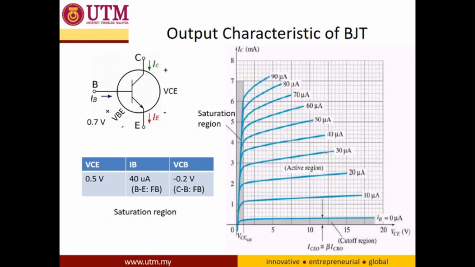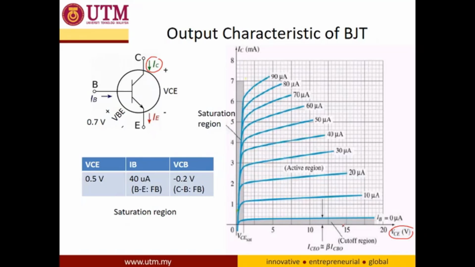Okay, the left graph is collector current versus VCE. VCE is the applied collector-emitter voltage. So this graph is called the output characteristic.